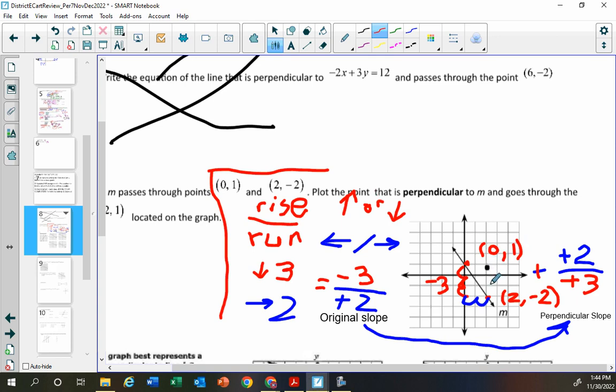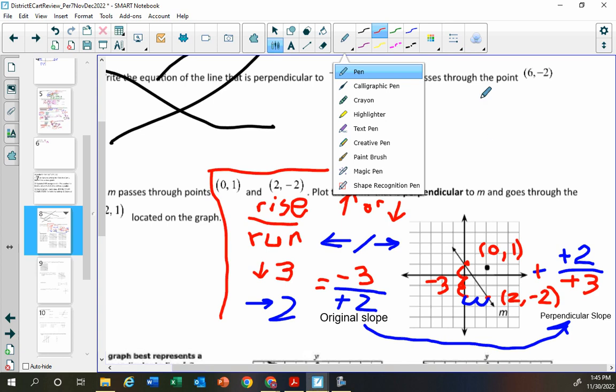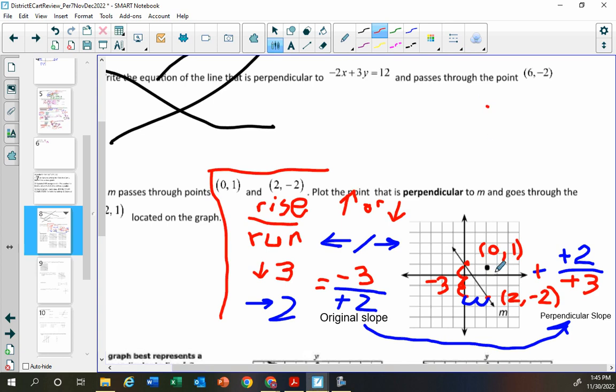So what's going to happen is here you go down 2, or you can go up 2, left 3, or up, right, or down, left. I'm sorry, that was a mistake. So that would be your new line. So this would help you, but you'd have to go from this point. Make sure the perpendicular slope of your line goes through here.